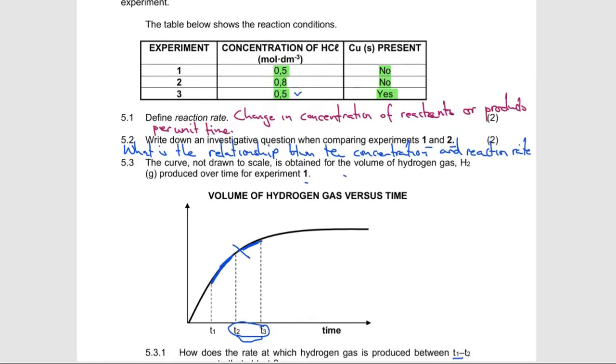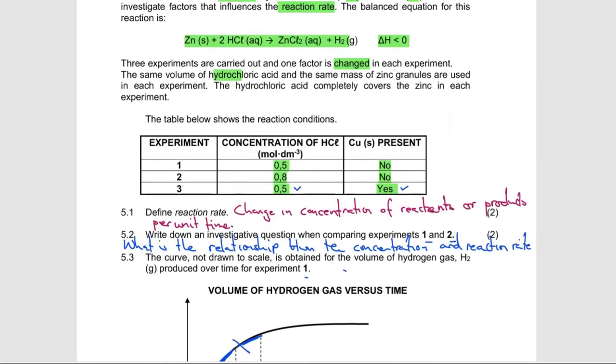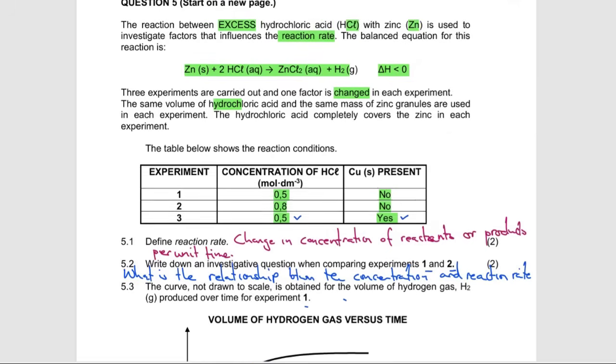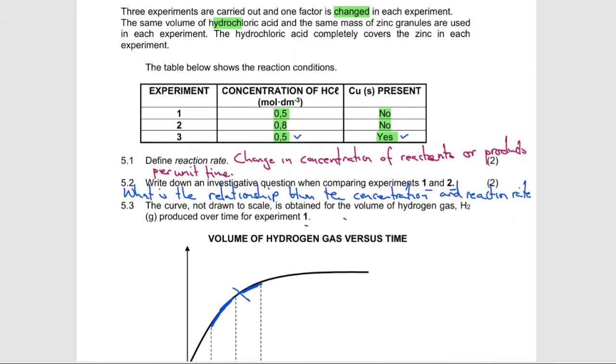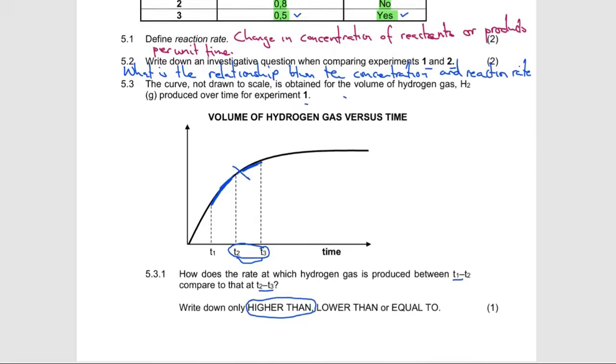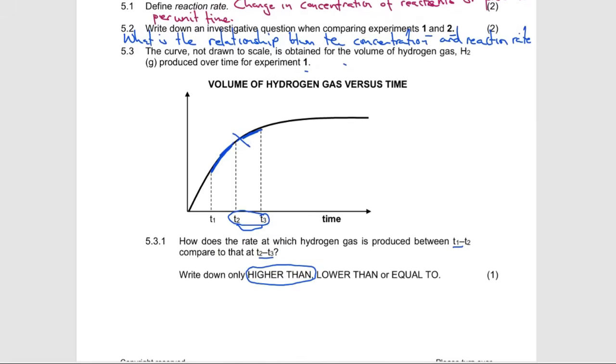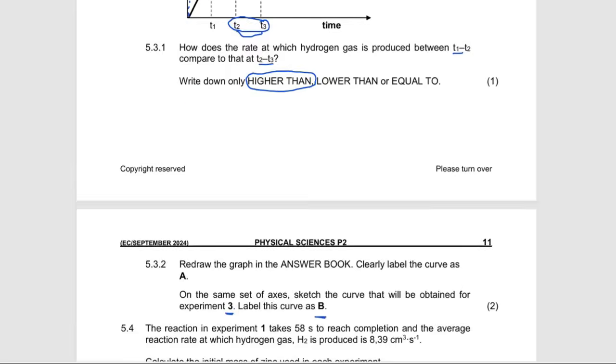The concentration again, and then we added more copper. If we're adding more copper, what is going to happen? We're going to have reaction B that is steeper, then goes up and joins this other graph. So this is going to be our graph B, and the original one remains our graph A.